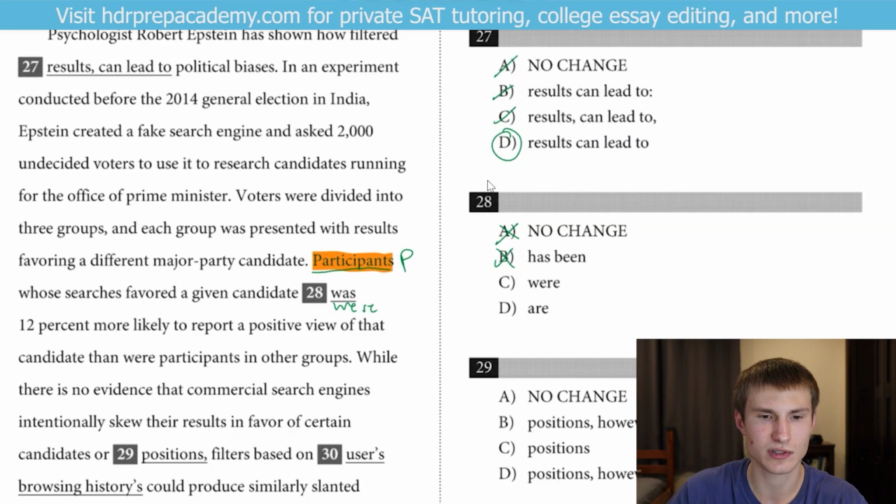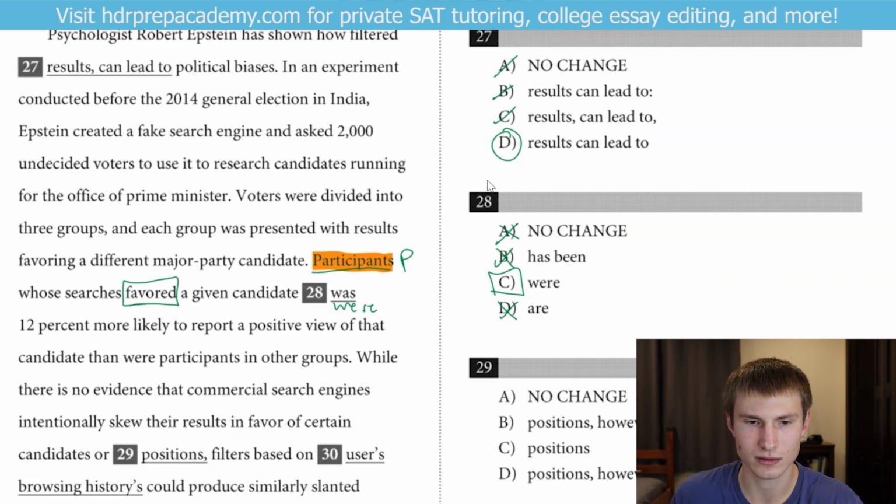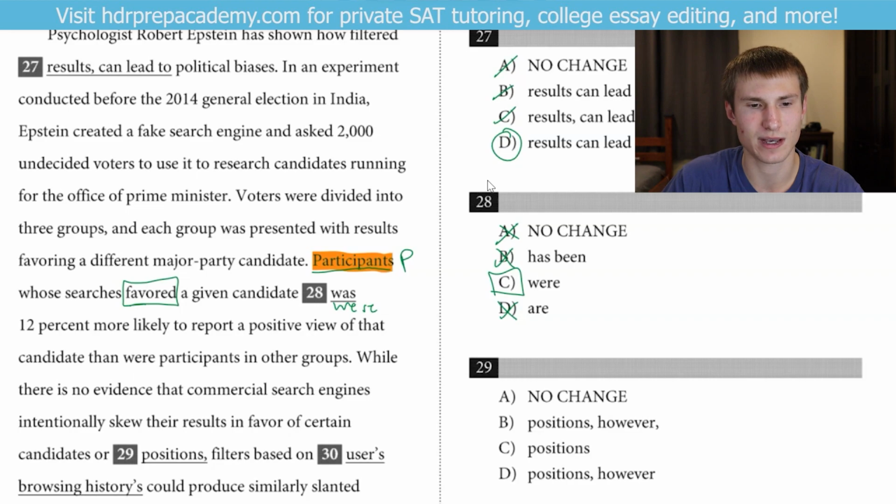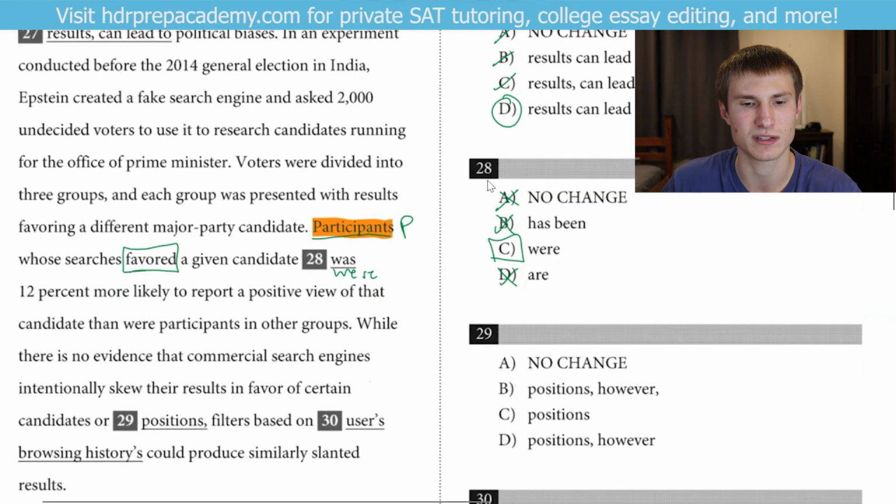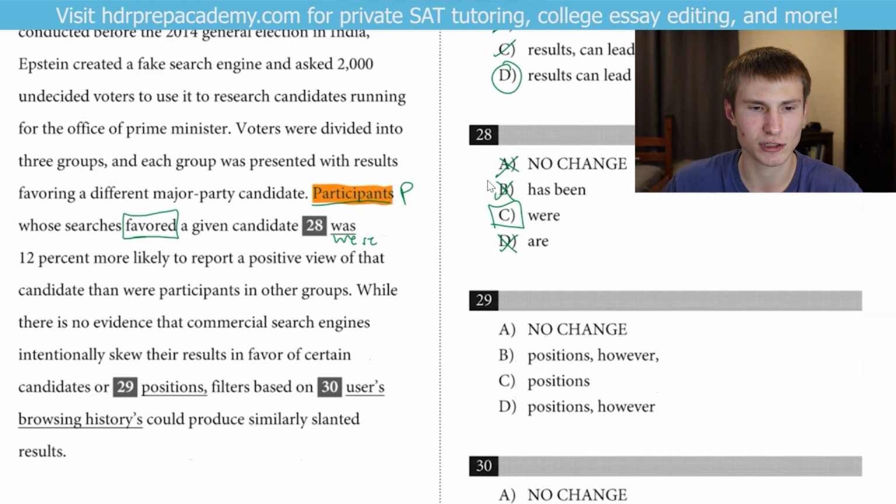Participants whose searches favored a given candidate, this has already occurred. Since it's past tense, we can't use are. So our answer there has to be were. They were 12% more likely to report a positive view of that candidate than were participants in other groups. While there is no evidence that commercial search engines intentionally skew their results in favor of certain candidates or positions, okay, that's a dependent clause.